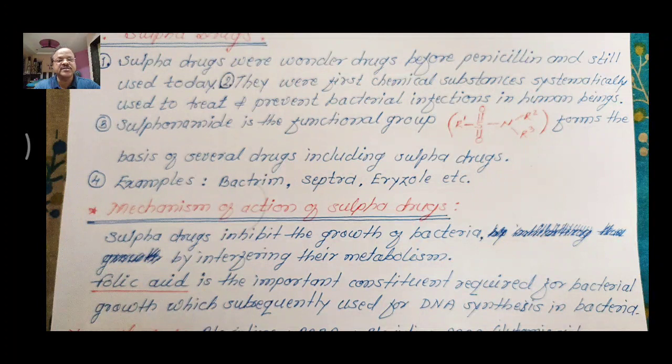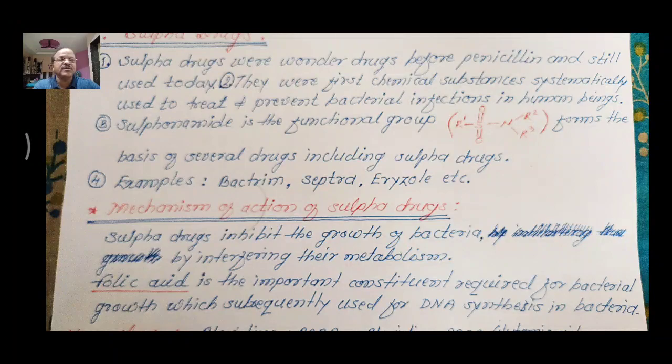Now the important point of these sulfa drugs is mechanism of action of sulfa drugs. How the sulfa drugs act on the bacteria. So sulfa drugs inhibit the growth of bacteria by interfering their metabolism. So whatever is the metabolism occurring in the bacteria, that metabolism is interfered by sulfa drugs.